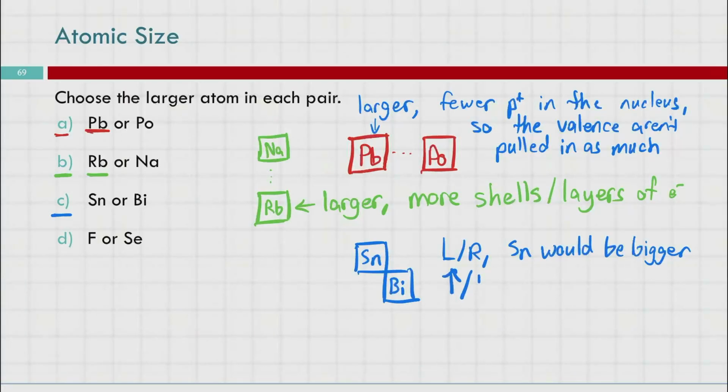If we're thinking up and down, which one is going to be bigger? Okay, so we've got some competing forces, and we would kind of have to make an educated guess here. I would guess, and I think I'm correct about this, bismuth is going to be the larger one. That little difference in pulling the electrons in or letting them expand a little bit, not as big as adding a whole new layer. So bismuth is probably, and I think I'm correct about it, bigger.